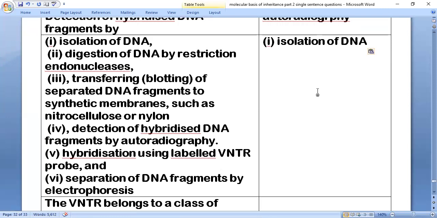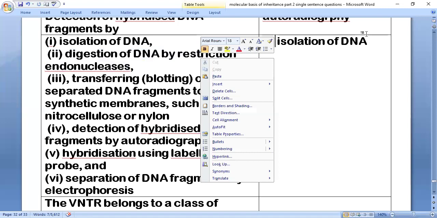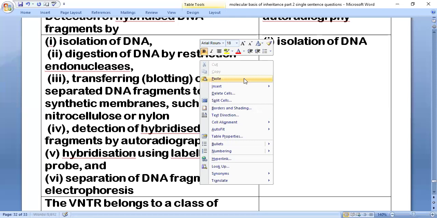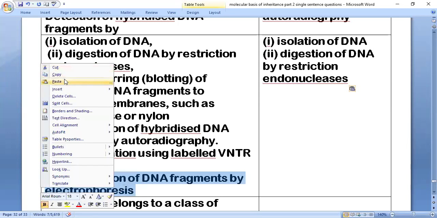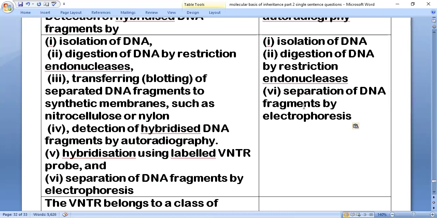Then digestion of DNA by restriction endonucleases, that is the second one. Next, separation of DNA fragments by gel electrophoresis.